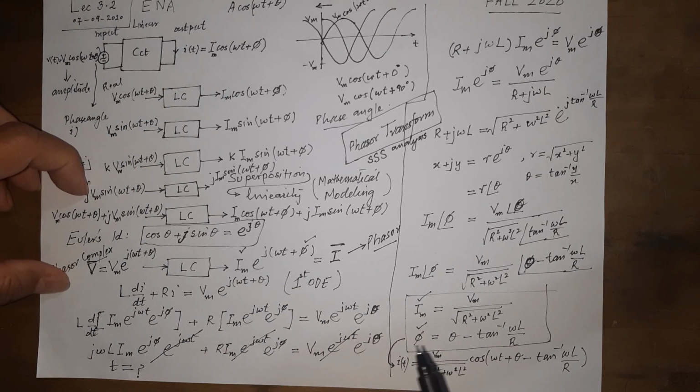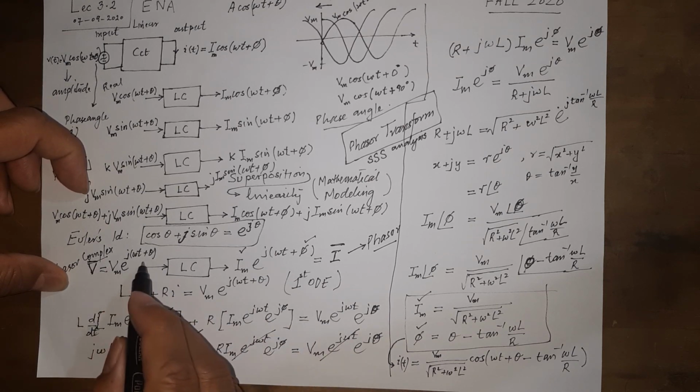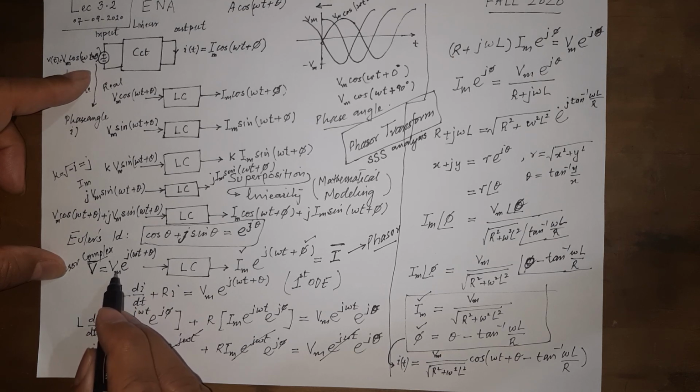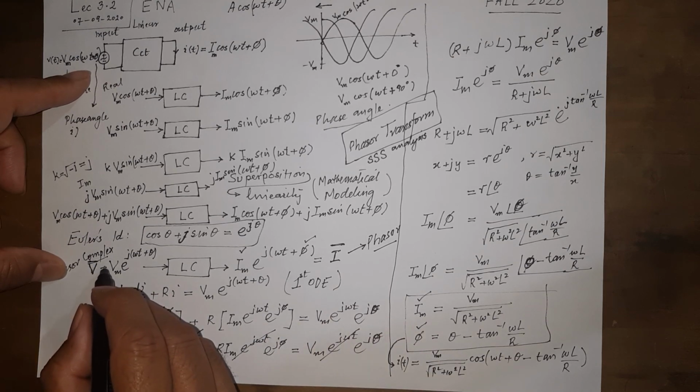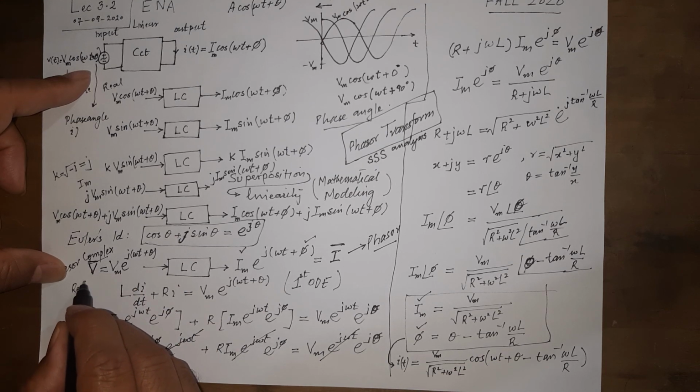So you can later on say that using phasors, we can convert the sources from real to complex. And then remember that throughout the analysis, in reality, we are dealing with the real parts of these phasors.